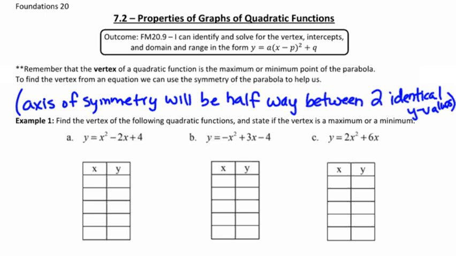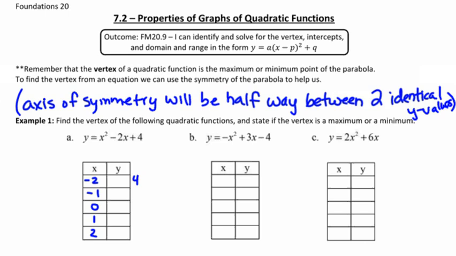So if we plot some points here on our first one, say -2, -1, 0, 1, 2. So plotting -2 squared is 4.